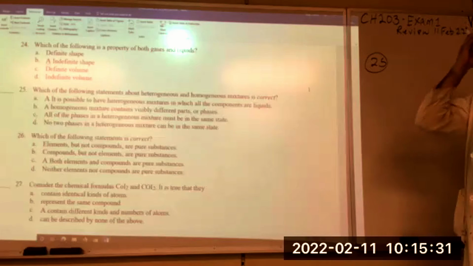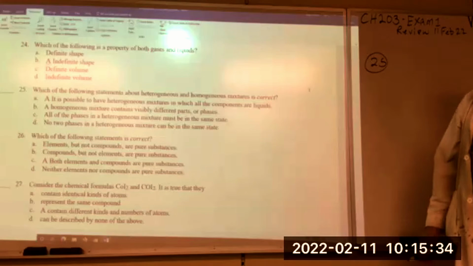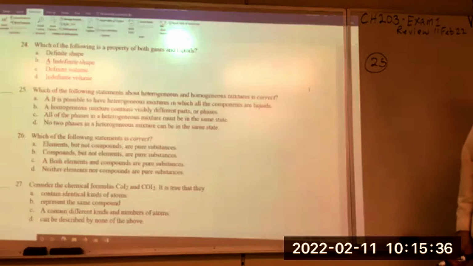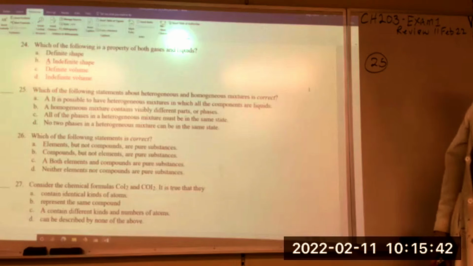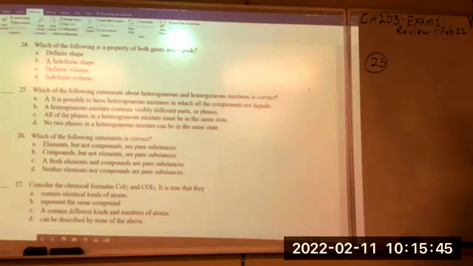Yeah, just think about booze, ethanol and water and other stuff as a homogeneous mixture of alcohol and water and some other things. "A homogeneous mixture contains visibly different parts or phases."